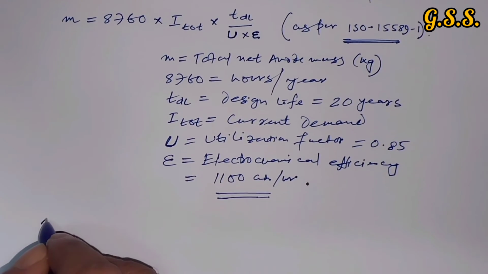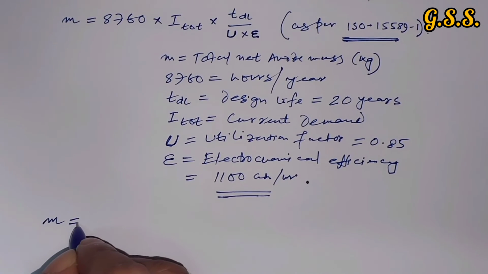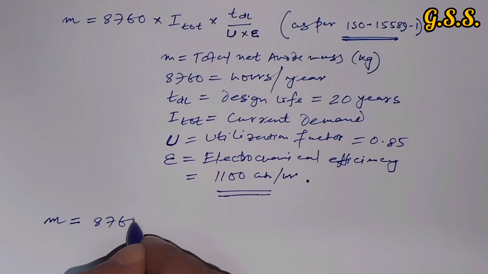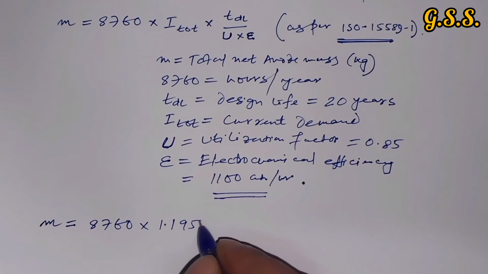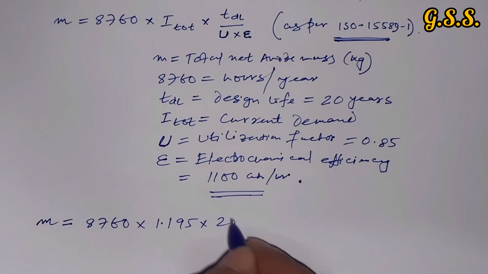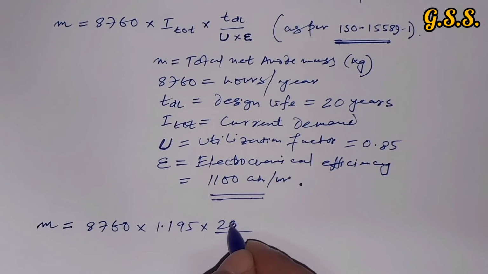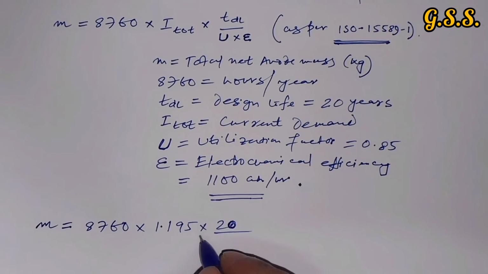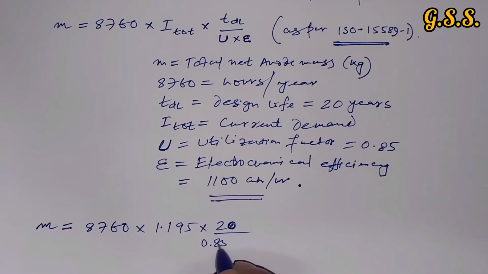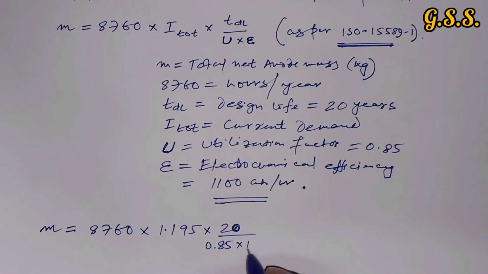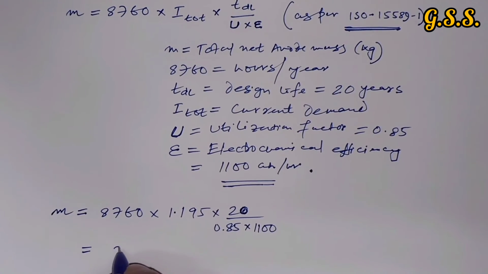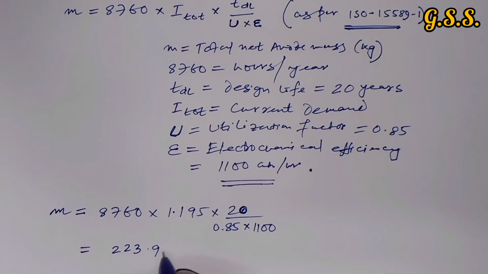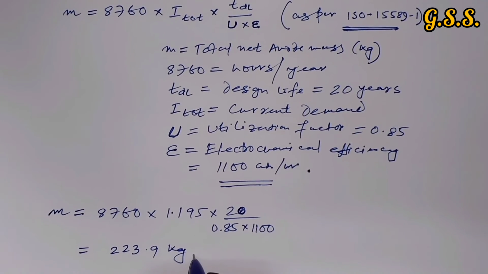So M equals 8760 into 1.195 into 20 divided by 0.85 into 1100, equals 223.9 kg.